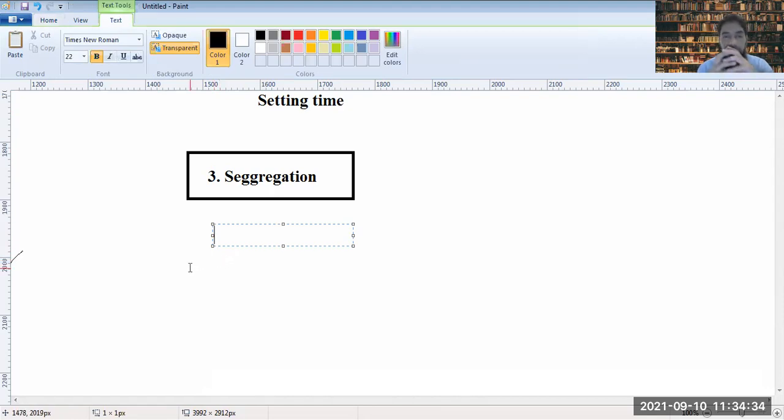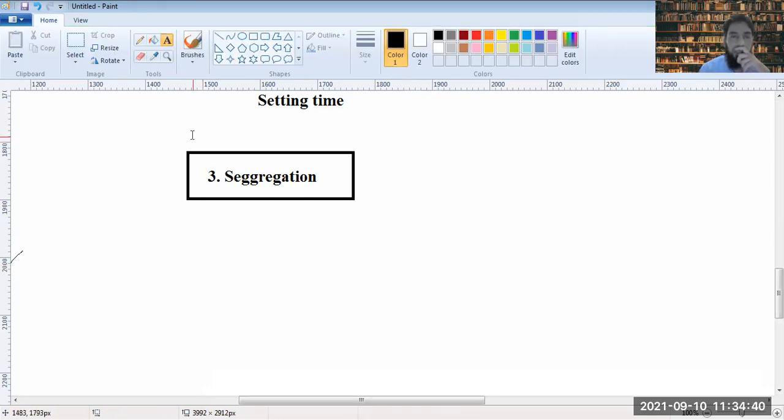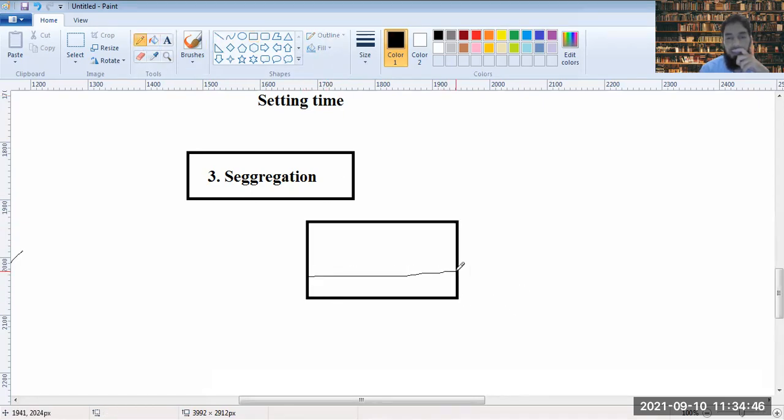Now, what is segregation? I told you this last time: the heavier particles, which are the coarse aggregates in a mass, settle down towards the bottom, and the lighter particles move towards the top.